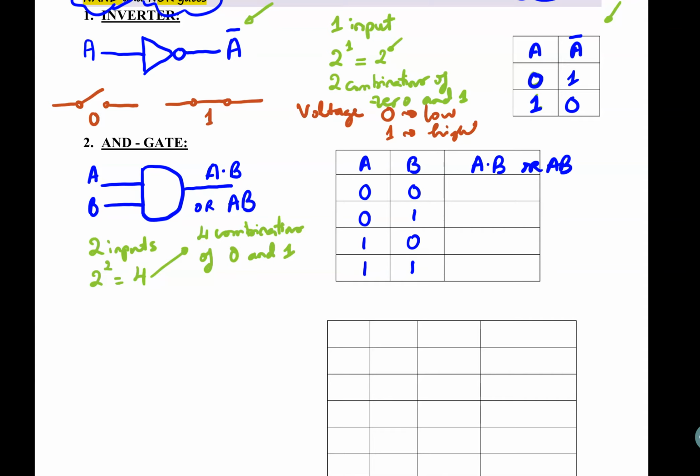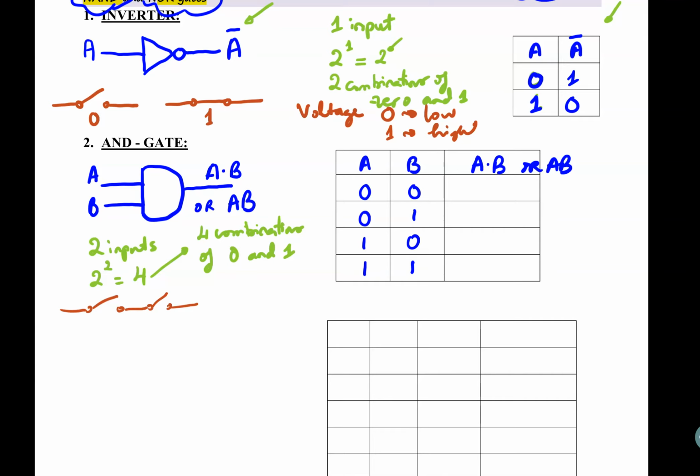For the AND gate, I would like everyone to visualize that I have two switches connected in series. If I close just one, the signal won't go through.